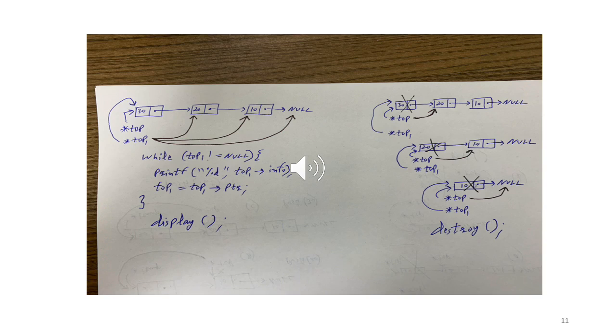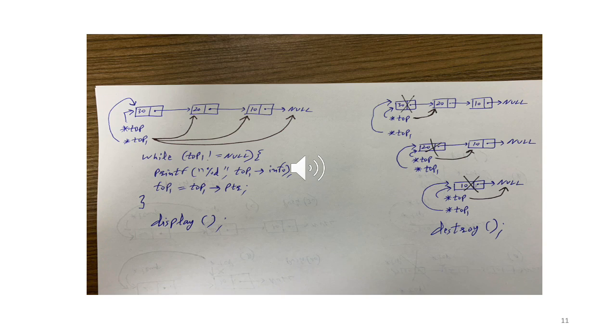So of course what we'll do is, intuitively we will start with the top node of the stack. We will print its info value, and then we will access its pointer value, which will take us to the next node, right?